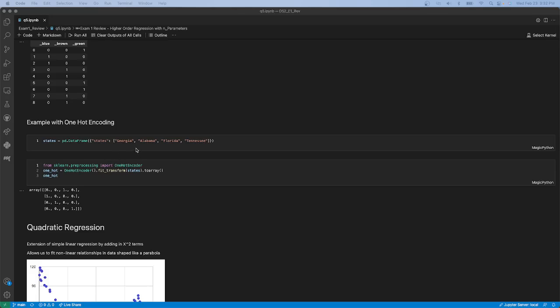Basically, let's see, Georgia would correspond to this one-hot encoding, Alabama, and notice it's just giving a 1. I'm not really exactly sure how it's encoded this in here, but basically you have Georgia, Alabama, Florida, Tennessee, whatever, and then wherever that hits, it would be a 1, and 1 corresponds to whatever value it is out of the list.